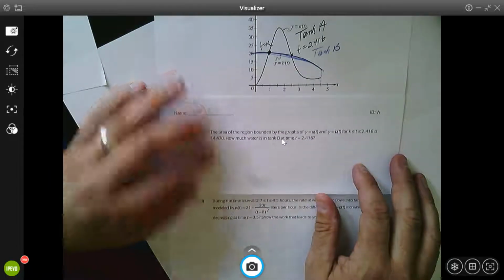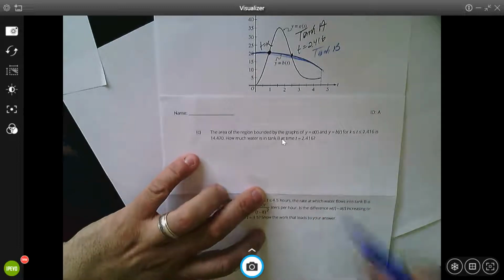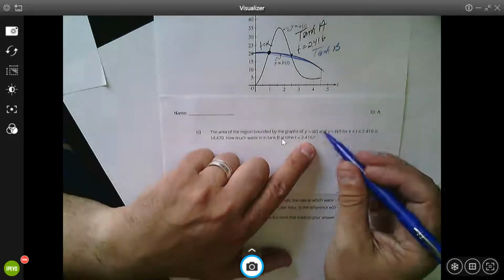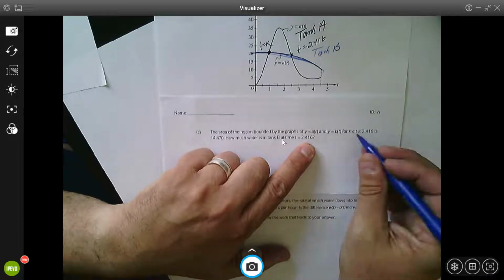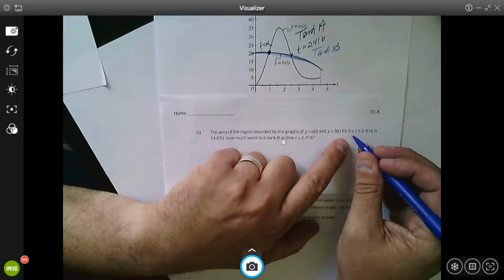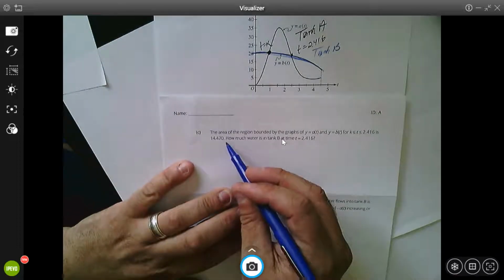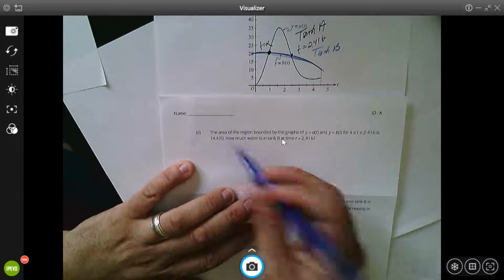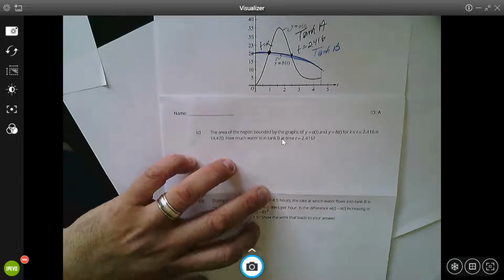Down a little bit. In part C, we're told the area of the region bounded by the graphs y equals a of t and y equals b of t for k less than or equal to t less than or equal to 2.416 is 14.470. How much water is in tank B at time t equals 2.416?